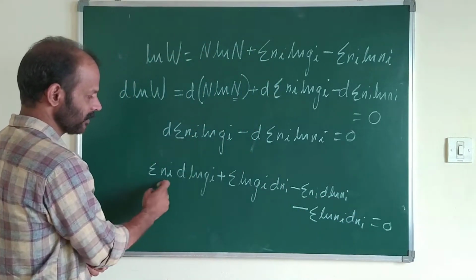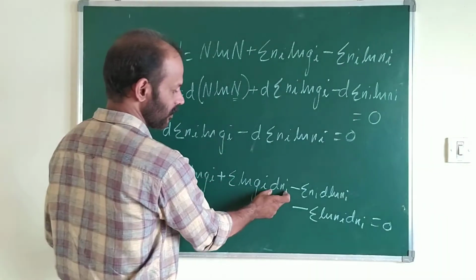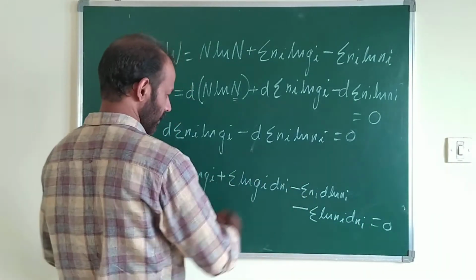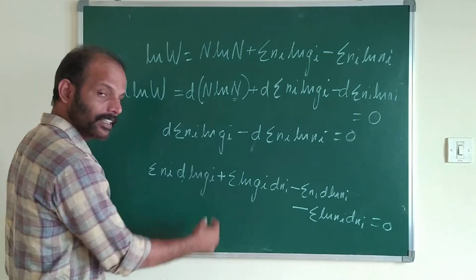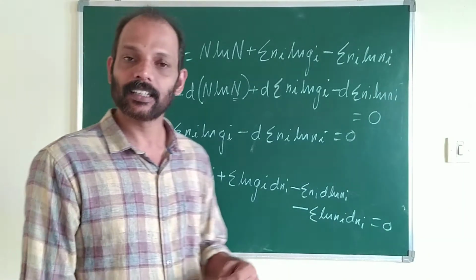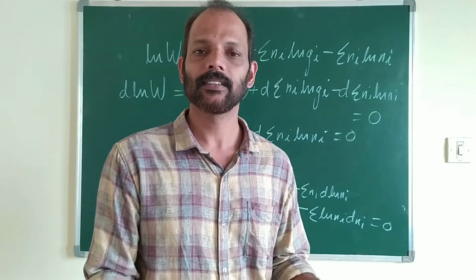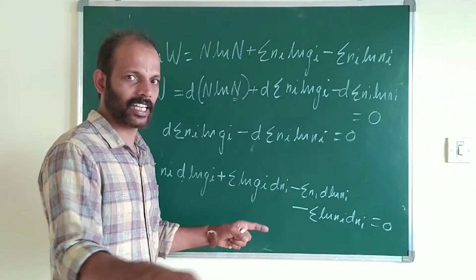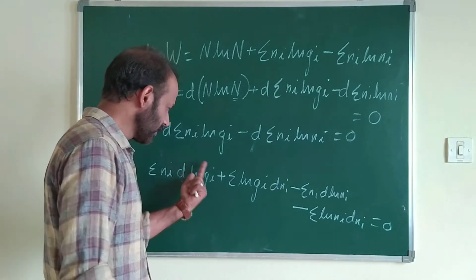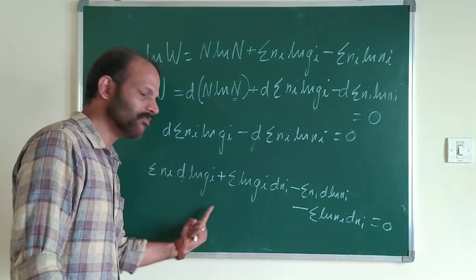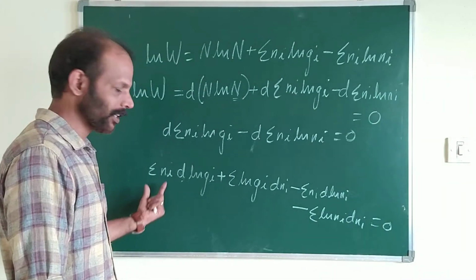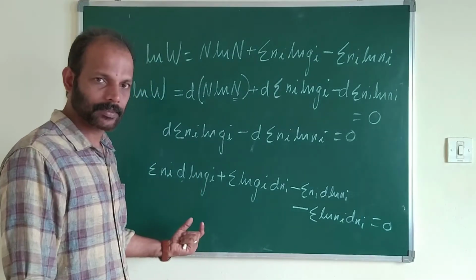Keeping ni constant, differentiating this. Okay, the same thing. Then the differential of ln gi: we know the degeneracy of an energy level is constant. It is the same always. So the differential of ln gi is 0. That means this term becomes 0. That means this term vanishes.